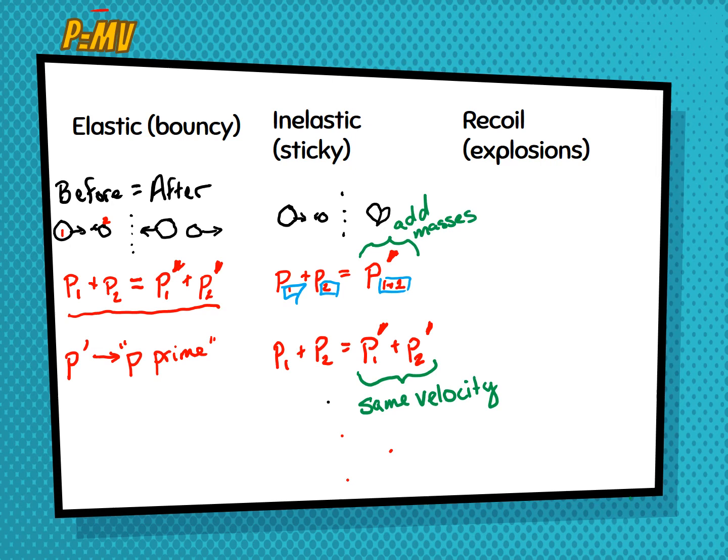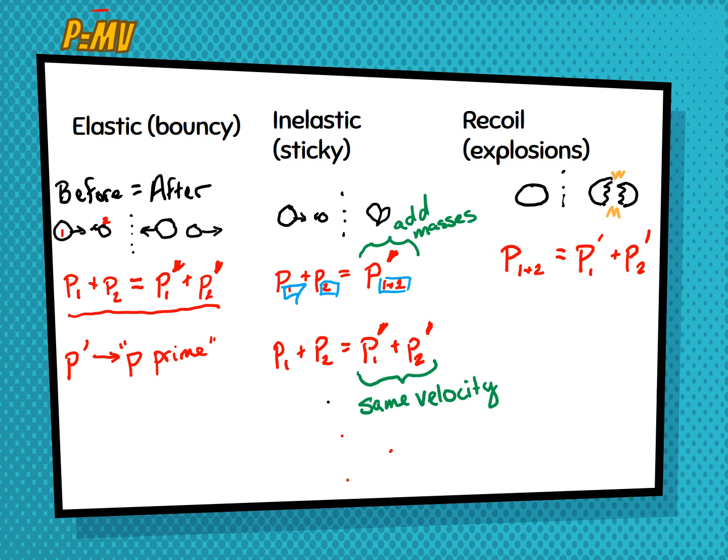For a recoil or an explosion, we have one object, and then it splits into one or more objects, like so. So we would have P of 1 and 2 before the collision, and then the momentum of 1 plus the momentum of 2 after the collision.